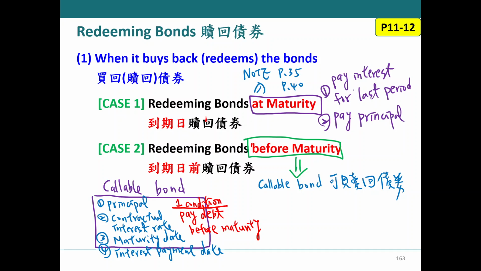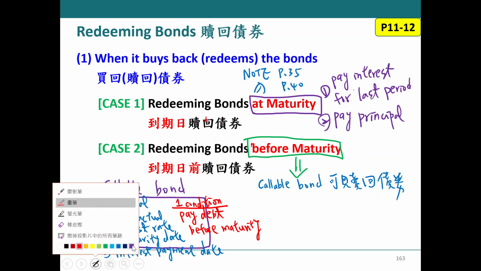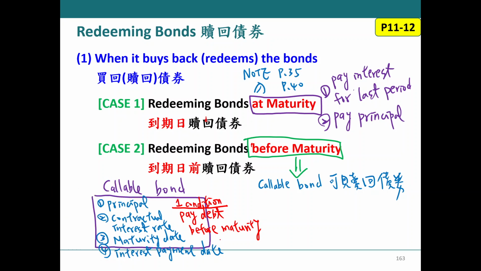So on the same day, they will tell you redemption price, 可赎回价格. So what's the redemption price? How much money you have to pay in order to buy back the bond earlier.